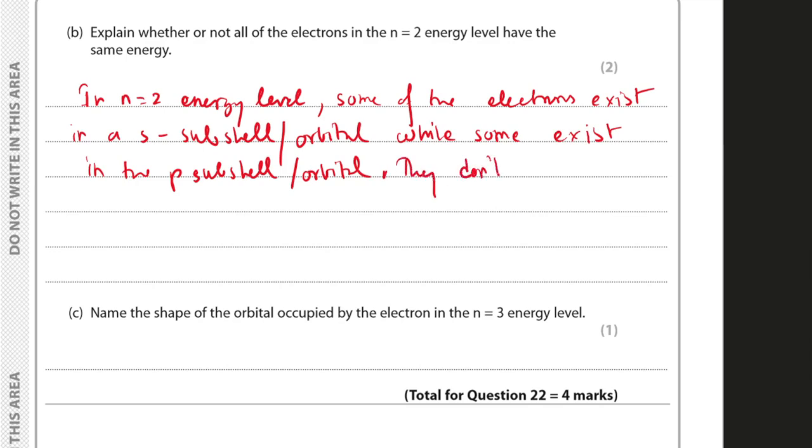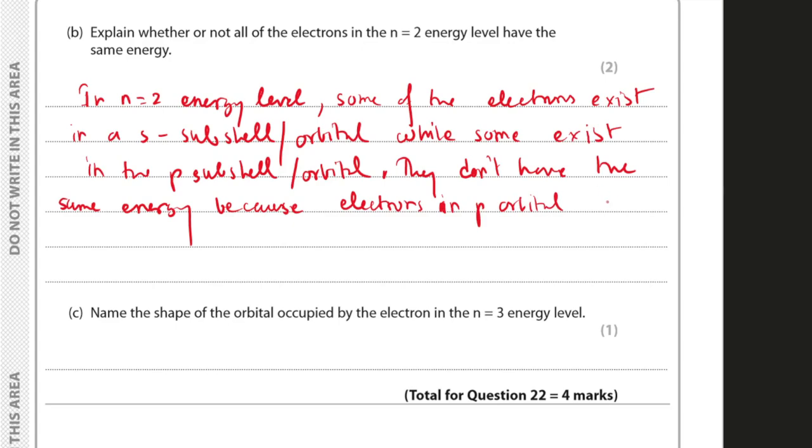They don't have the same energy because electrons in the p orbital have higher energy than the ones present in s.